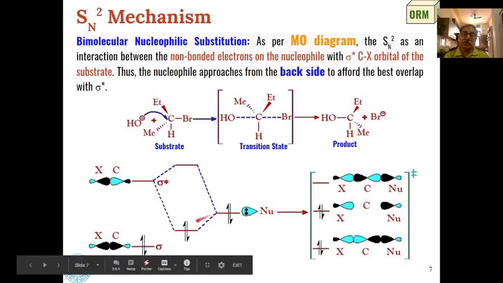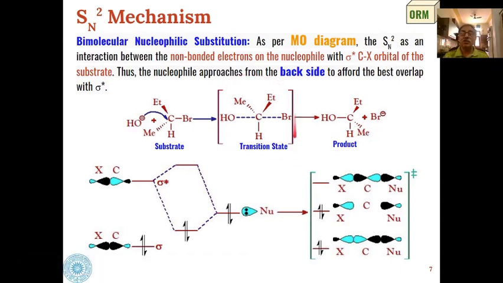So the interaction is between these two to give us the transformed product from the substrate through this transition state, where the nucleophile attacks from the back side of the molecule to have an overlap with the sigma antibonding molecular orbital.